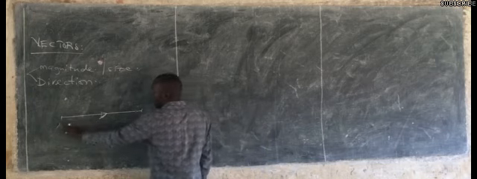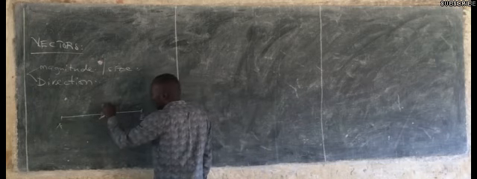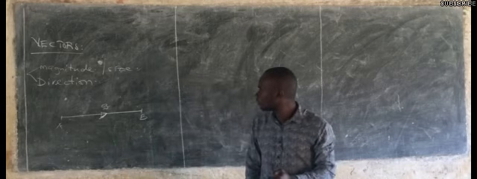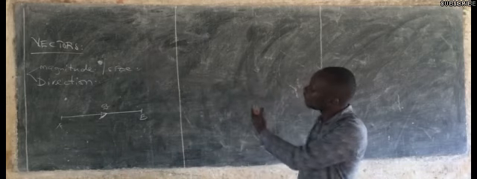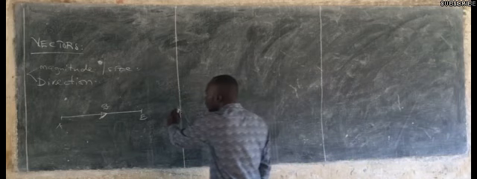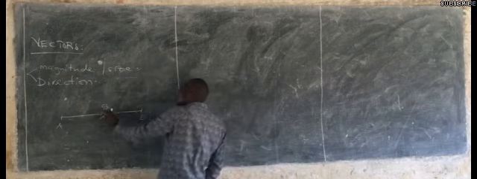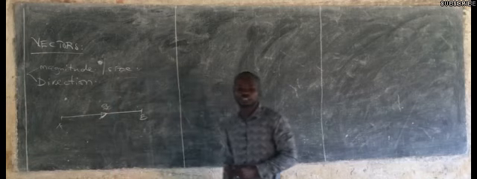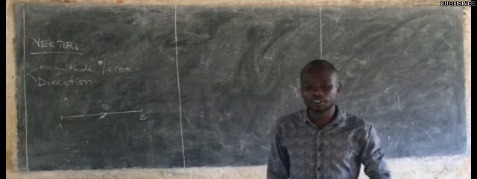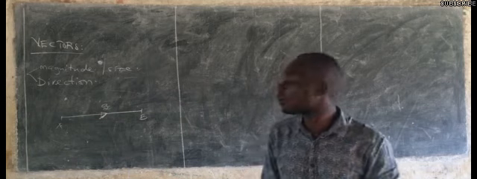Let us assume that the size of this line is given as a small a in the form of the vector a tilde. That means this is called a complete vector. We know its direction and we know its size. Once we know its direction and its size, we term it to be a vector or a vector quantity.